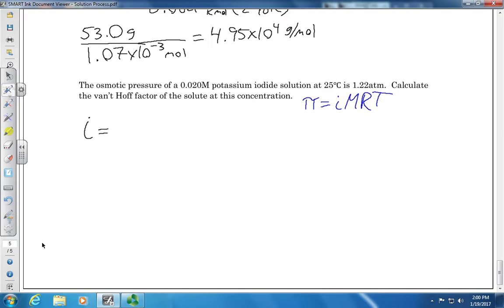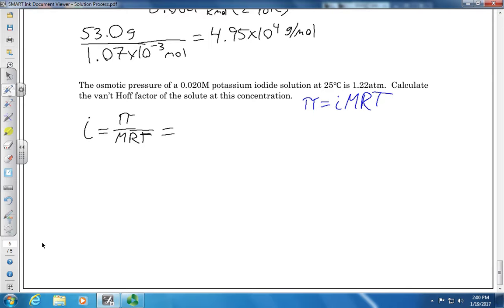i is equal to pi over MRT. Now, T is going to be 25 degrees Celsius, which in Kelvin is 298 K. We're given our molarity. We're given our osmotic pressure. So overall, we have everything. We only need to convert temperature.